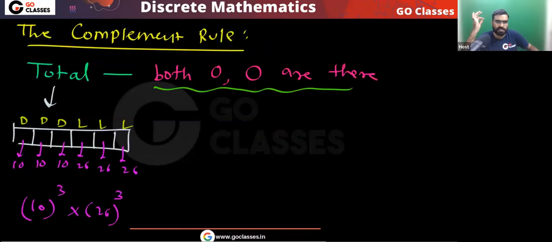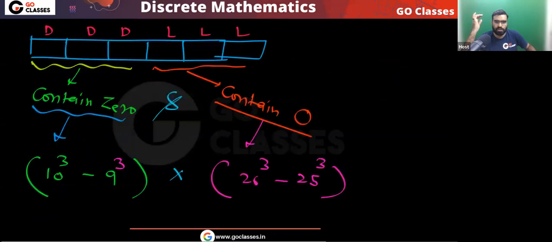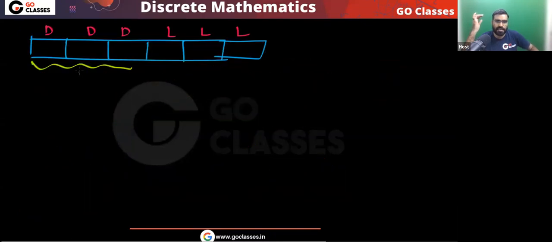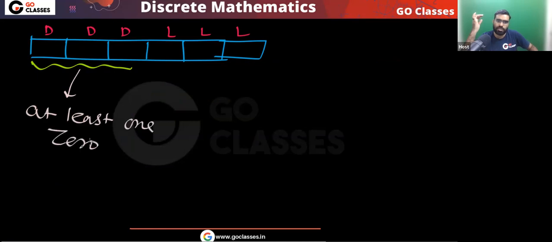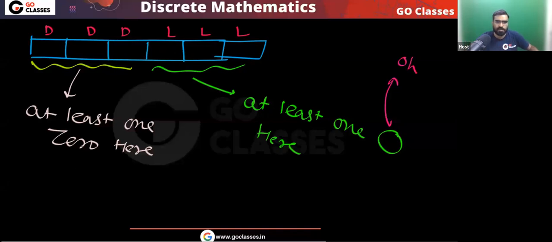In this case, here you must have at least one 0, and similarly, here at least one O. There is a complete separation, so you don't need the inclusion exclusion principle.